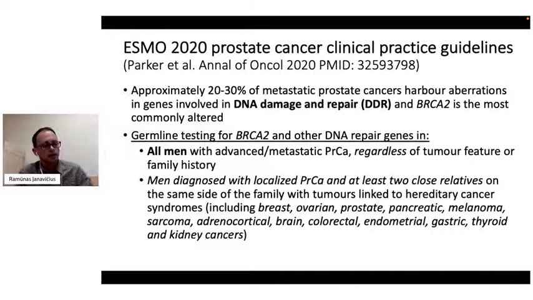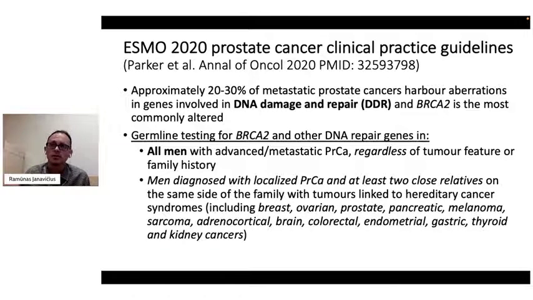And also, the current ESMO guidelines extended the germline testing for BRCA and other DNA repair genes, and recommend testing in all men with advanced prostate cancer, regardless of tumor features.